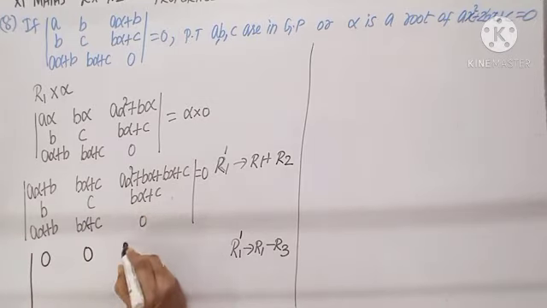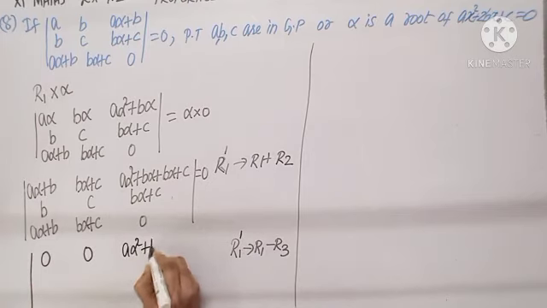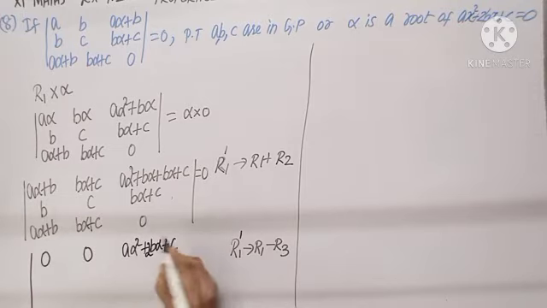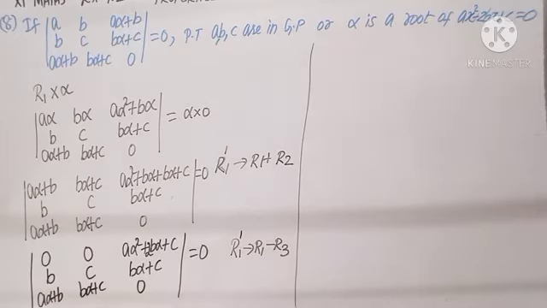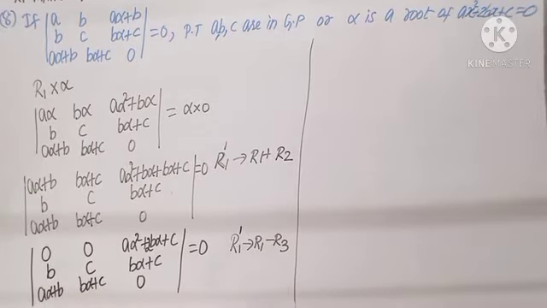Subtracting 0, we get the same term, aα² + 2bα + c. Minus 0, so I need not write it. RHS 0, we just maintain as it is. Second and third rows: b, c, aα + b, bα + c, 0. Now we shall expand the determinant.